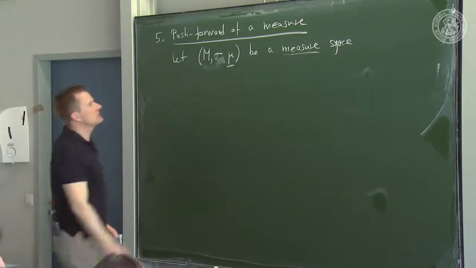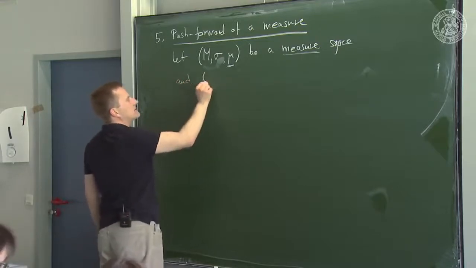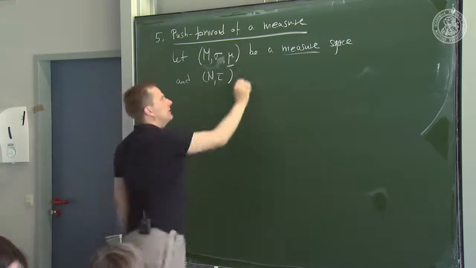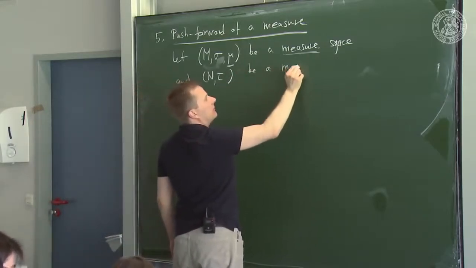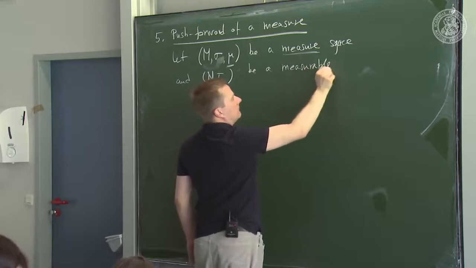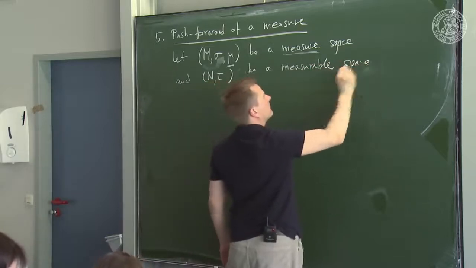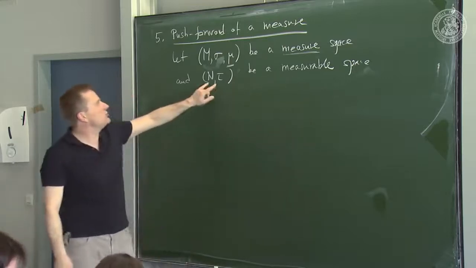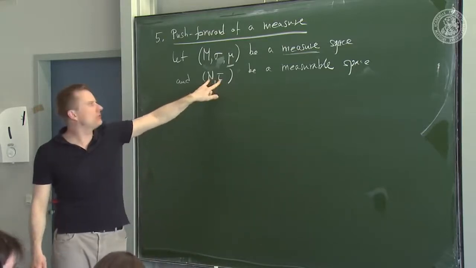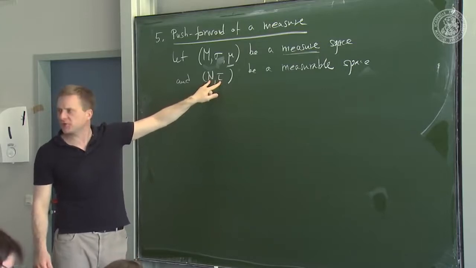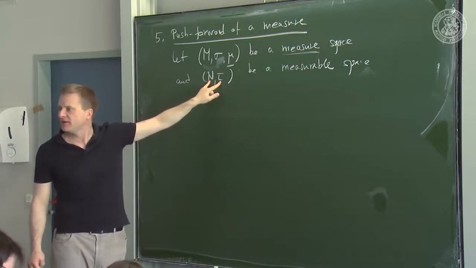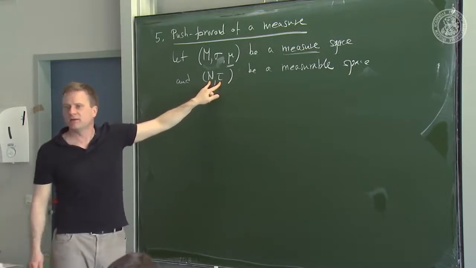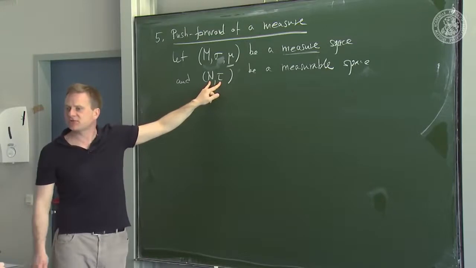Let this be a measure space, and let (N, τ), nothing further, be a measurable space. So in a sense, for the measurable space, you know which sets could be fed into a measure, but you don't have the measure. You say, oh yeah, that's a set for which I could give a consistent notion of volume or measure. But I didn't prescribe which one.